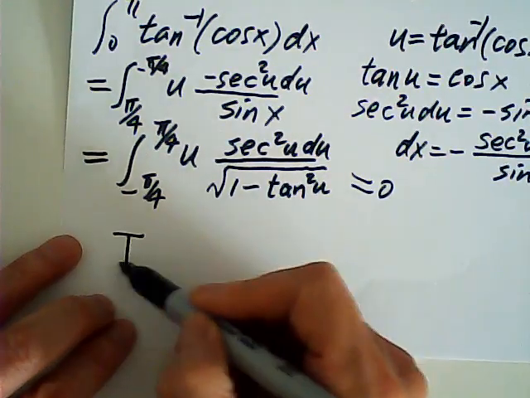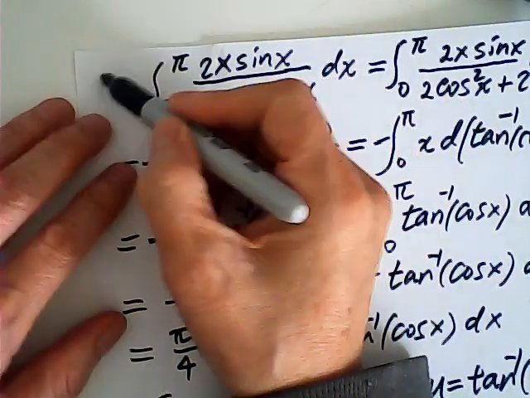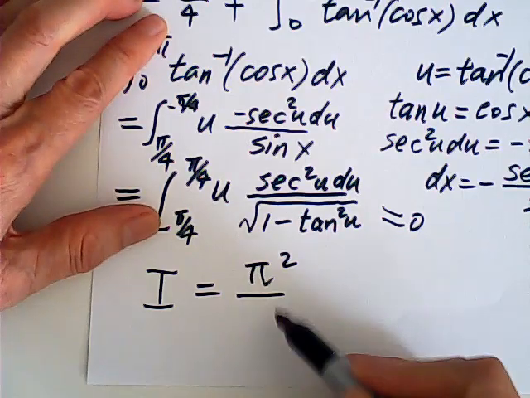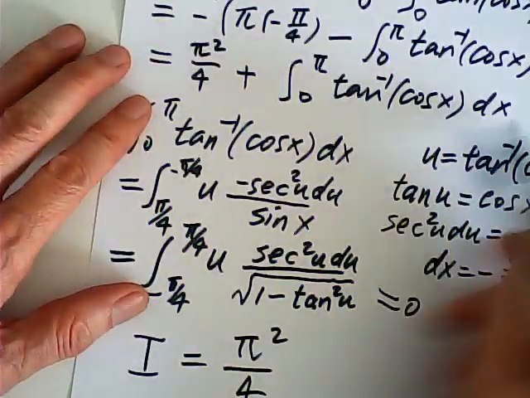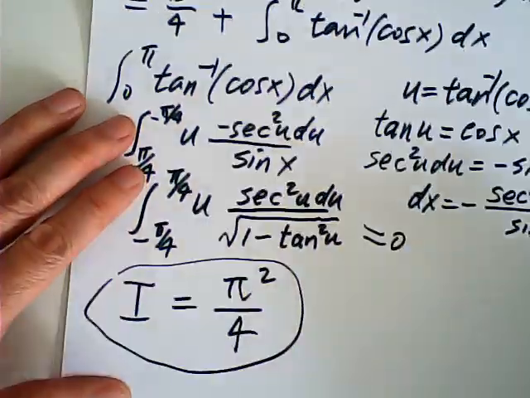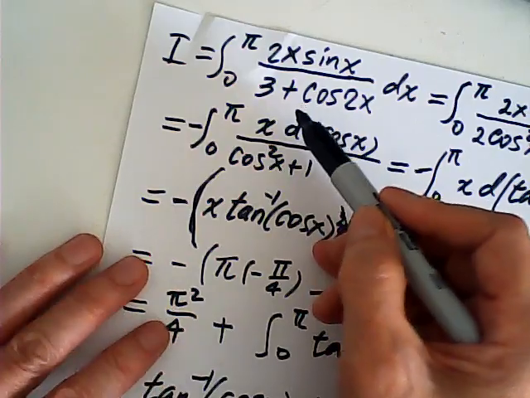So our integral is equal to pi square over 4. This is 0. So that is my final answer to this integral.